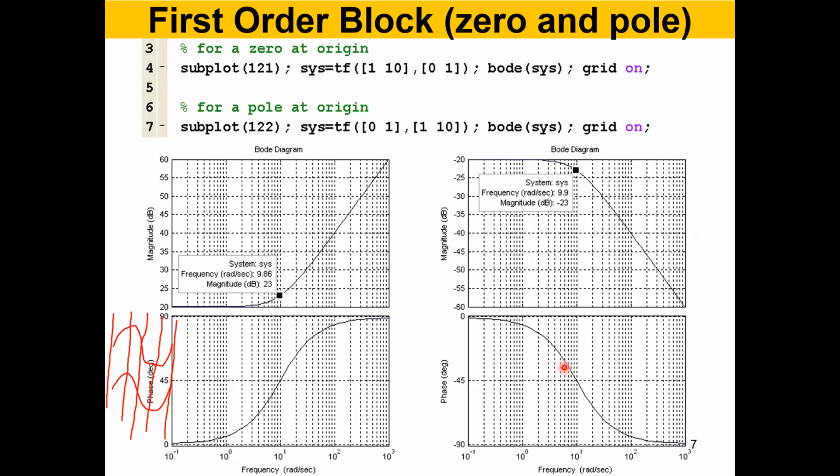So it's interesting to understand how these individual blocks, real pole or real 0 at some point, affect the phase and gain of a sinusoidal frequency trying to move through the block.